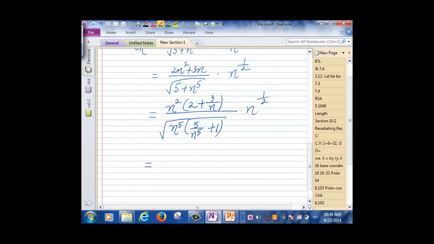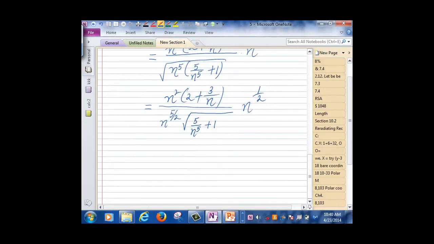In the denominator now, I'm going to write this as n to the 5 half times the square root of 5 over n to the 5 plus a 1. Here I have n squared times 2 plus 3 over n, times n to the half.